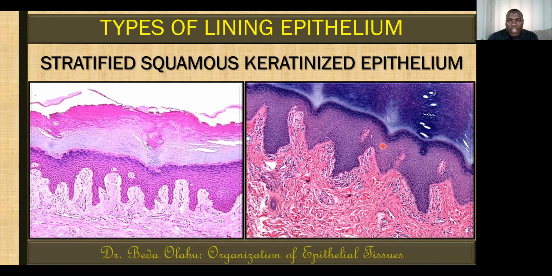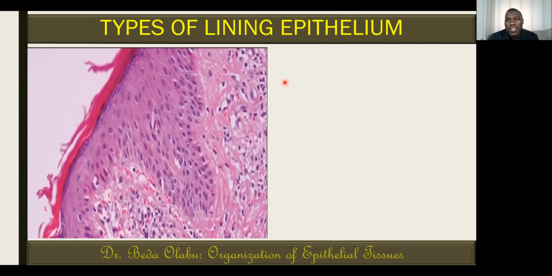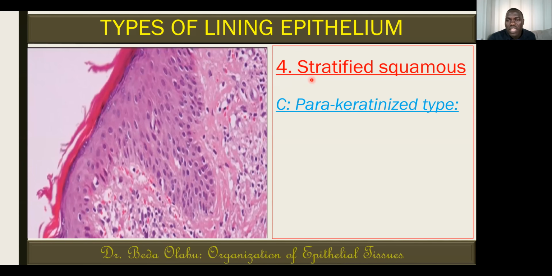Okay, third variety of stratified squamous epithelium. We call it stratified squamous parakeratinized epithelium. So in this type of epithelium, we still have stratified squamous epithelium, yes. Then you have a thin layer of keratin. This, I don't know whether to call it red or whatever color you want to call it.